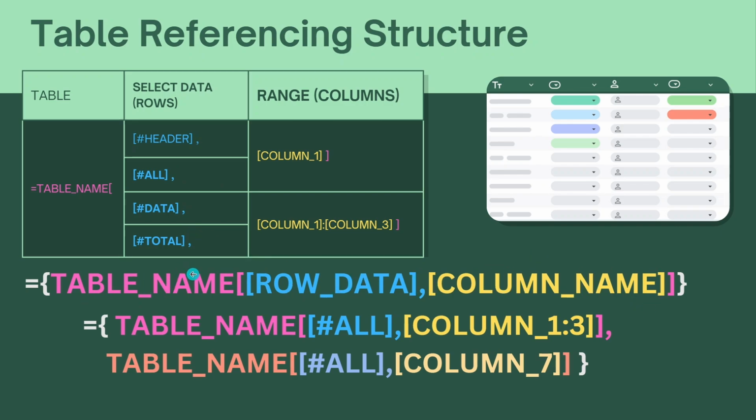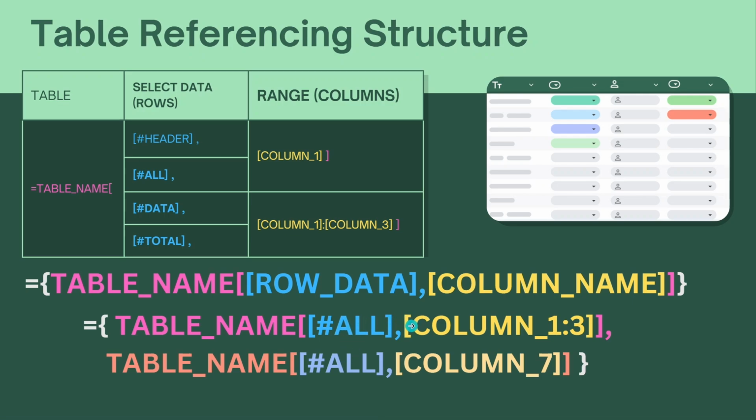If you want to pick multiple columns, but they're not all in numerical order, so let's say 1 through 3 and then 7, what you would have to do is you would need to have this array. You would say column name, make sure whatever rows you're picking have the identical amount of data. So both of them have to be all, both of them have to be header, they just have to match.